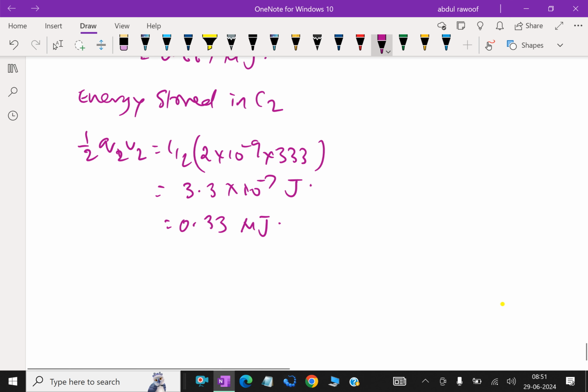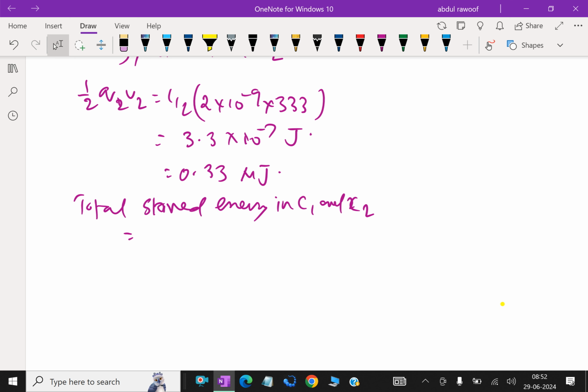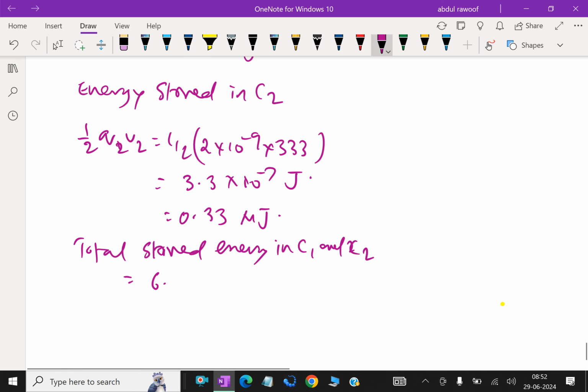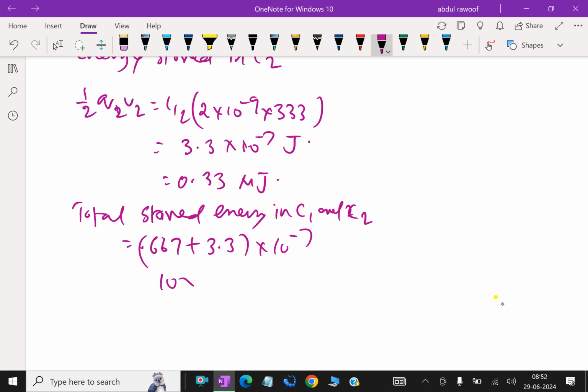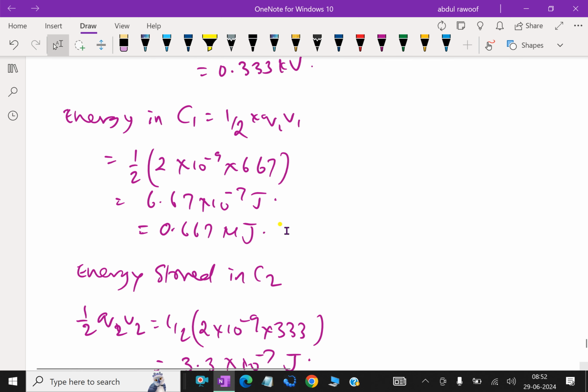And for the total stored energy in the C1 and C2 combination, 6.67 plus 3.3 into 10 power minus 7, which is equal to 10 into 10 power minus 7 joule, which is equal to 1 microjoule. Energy stored in the combination is this.